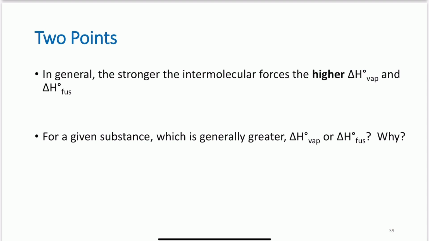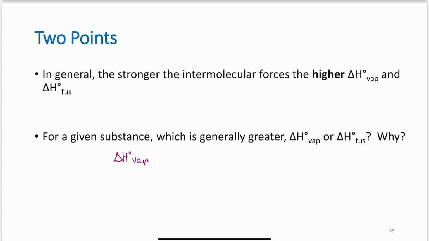Second, for a given substance, which is generally greater, delta H vaporization or delta H of fusion? What do you think? Why? Well, the answer here is your delta H vaporization is generally higher. Is it always higher? We can always find exceptions, but generally speaking, delta H vaporization will be higher. Vaporization requires that the IMFs be completely overcome.